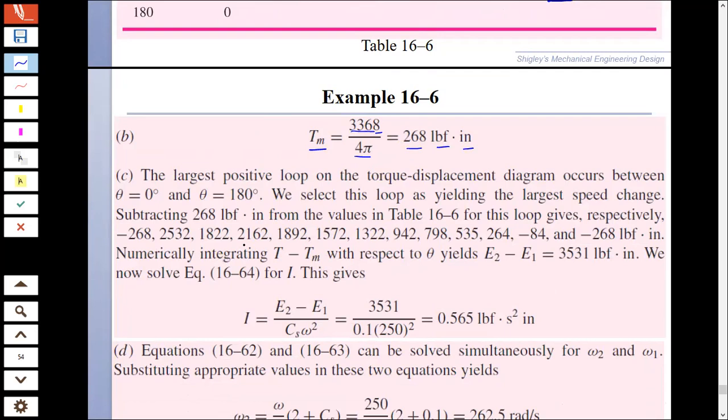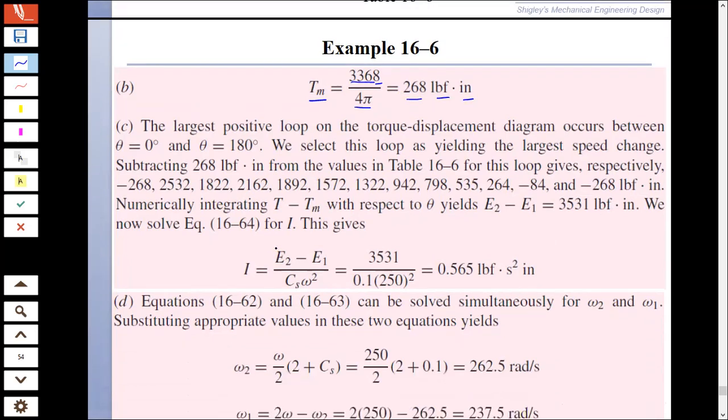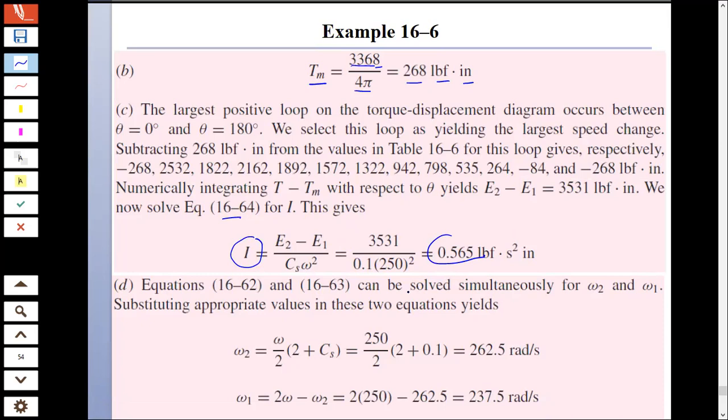We can also go ahead and find our I, using our equation 16-64, and that is going to be 0.565 pound force inch second square.